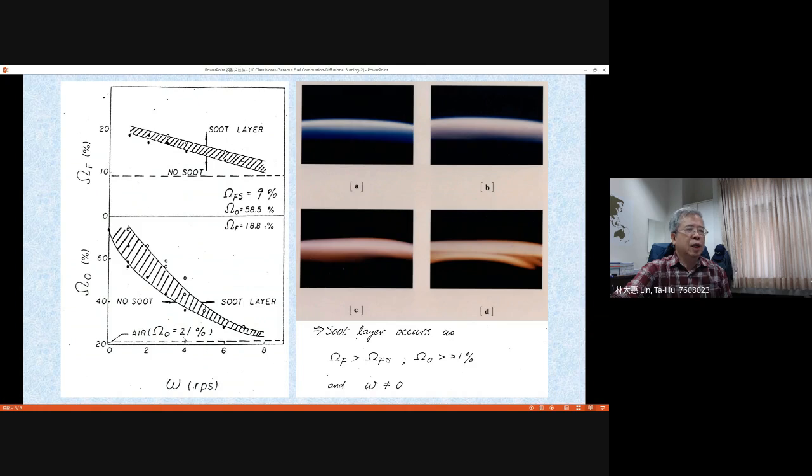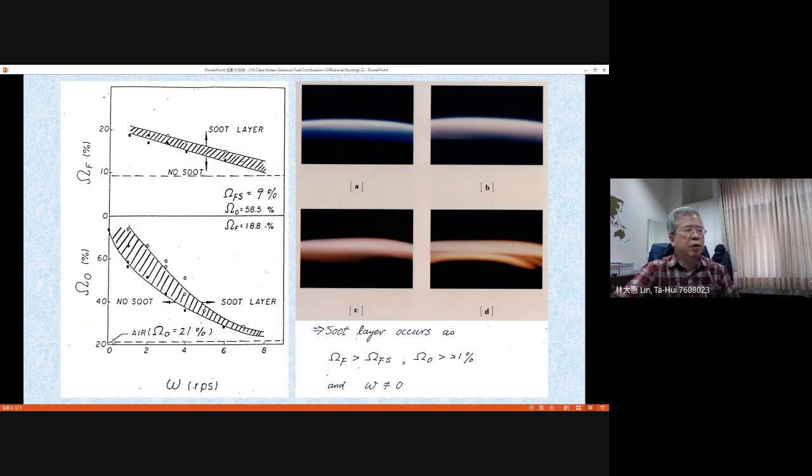If there is 21%, there is a limit here. In this experiment, when your oxygen is lower than 21%, you almost do not have any soot even if you increase omega. There is the no-soot region, and the upper part is a soot layer.